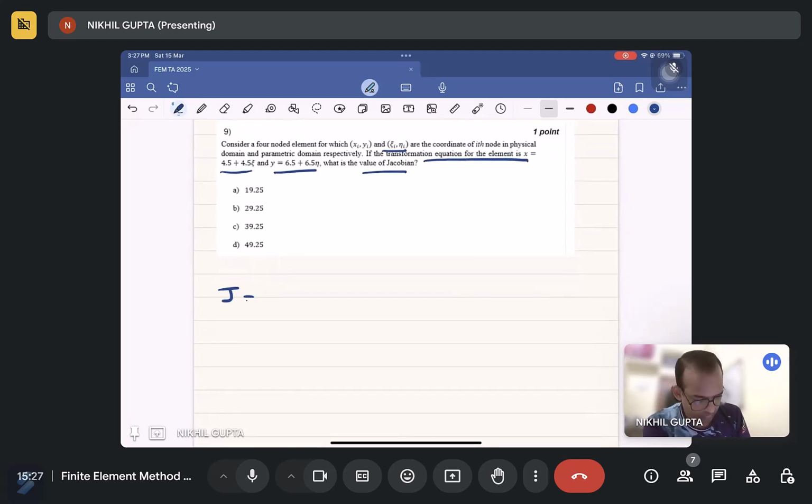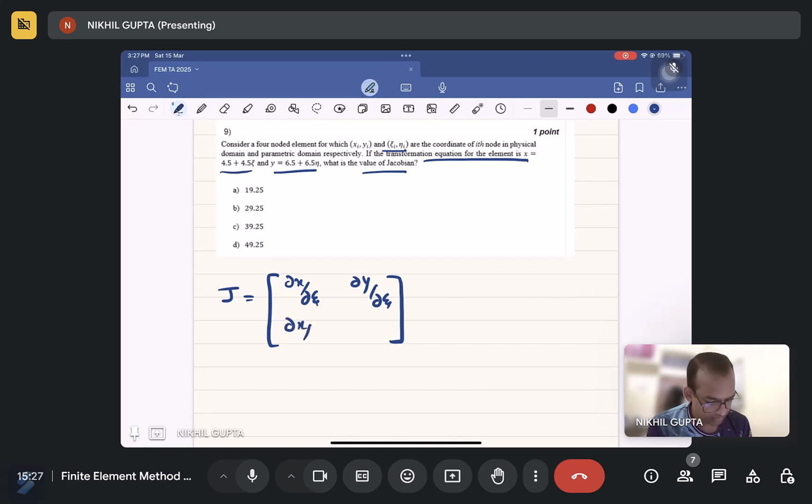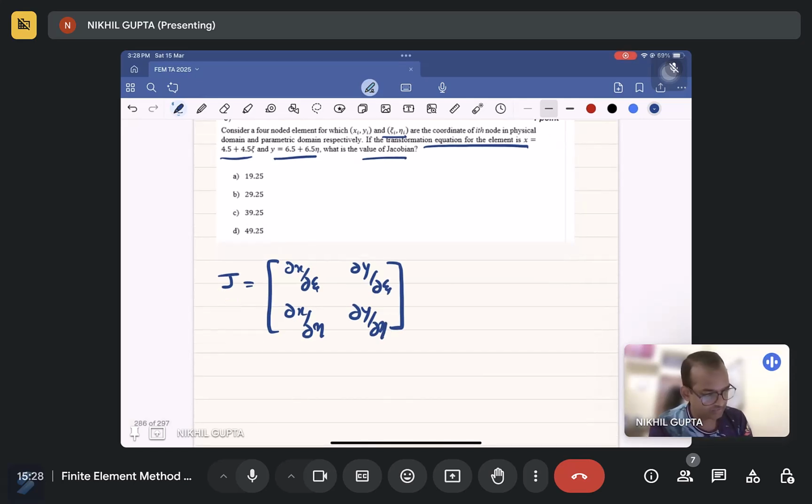Can anyone recall what the Jacobian matrix is? It's del x by del xi, del y by del xi, then del x by del eta, del y by del eta. So this is the Jacobian matrix.